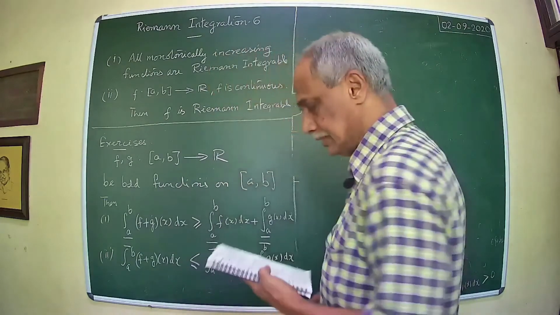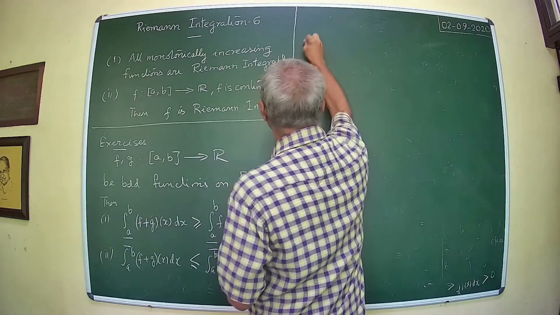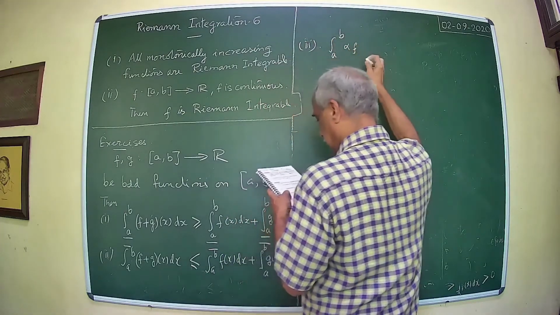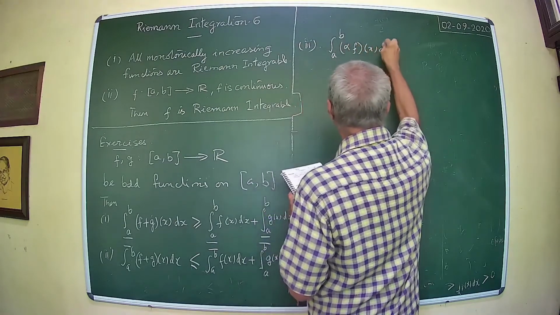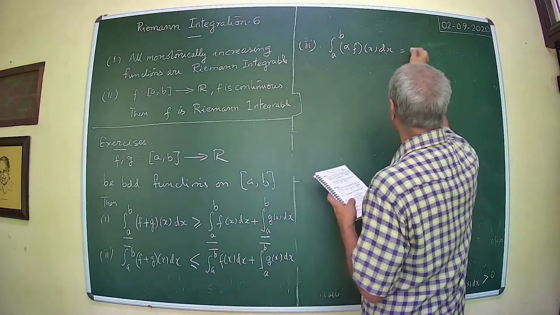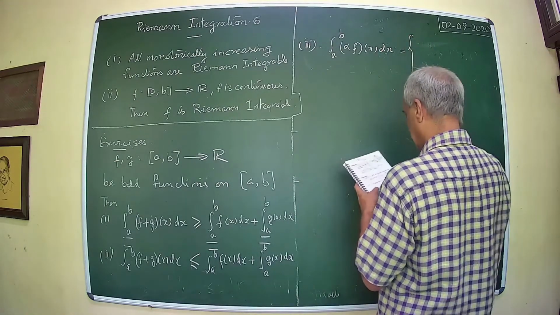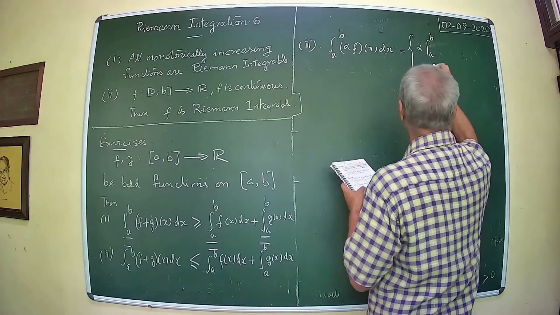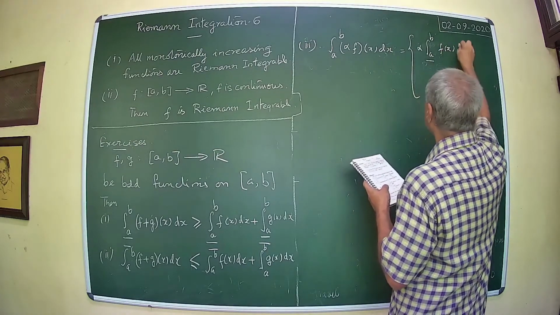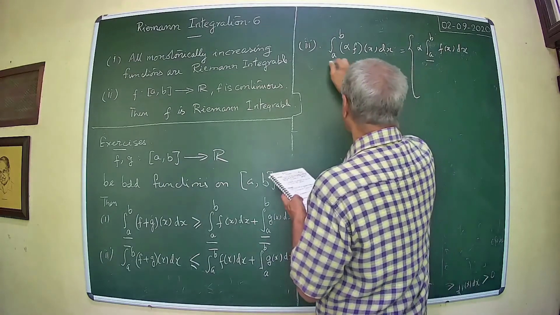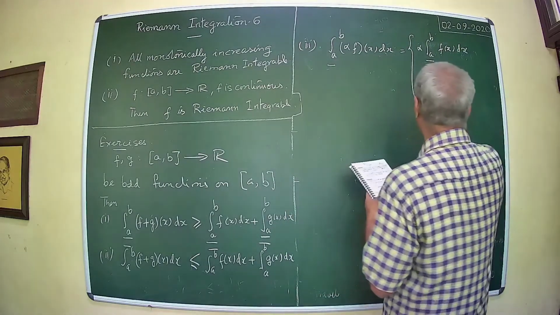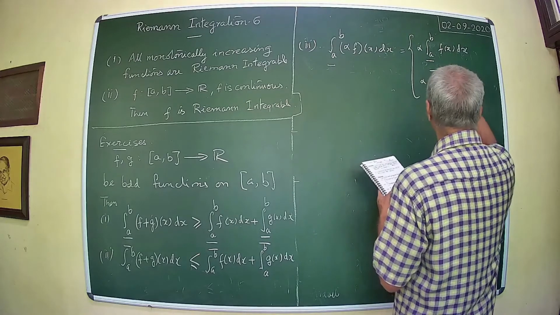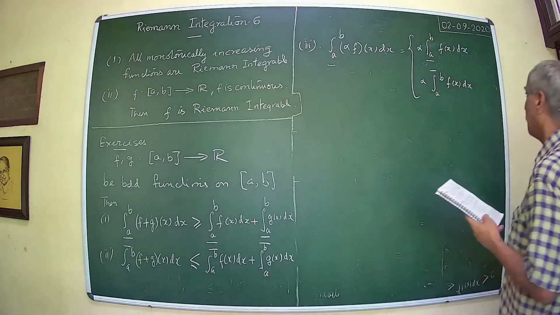Now the third condition is the lower integral from a to b of alpha f is equal to alpha times the lower integral from a to b of f, and the upper integral of alpha f is equal to alpha times the upper integral of f dx.